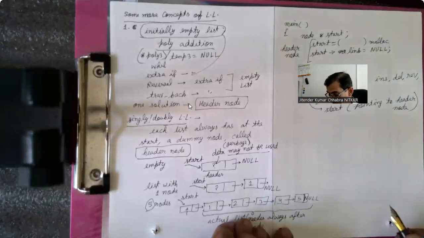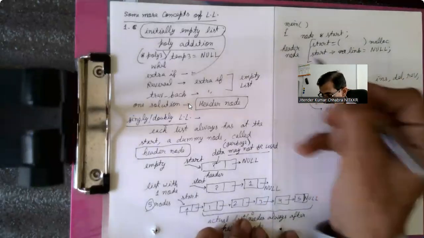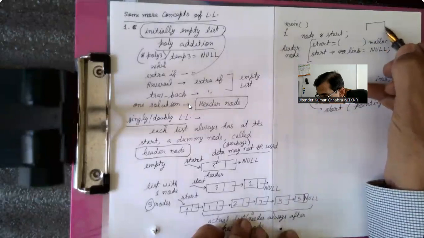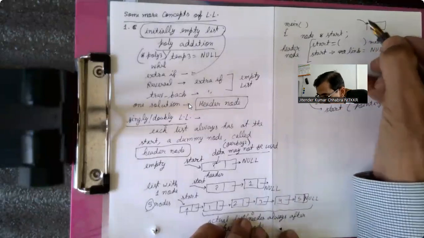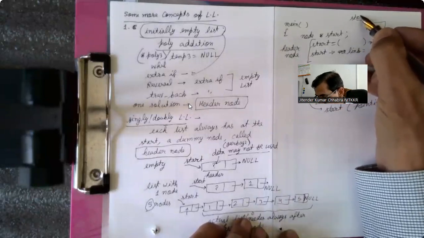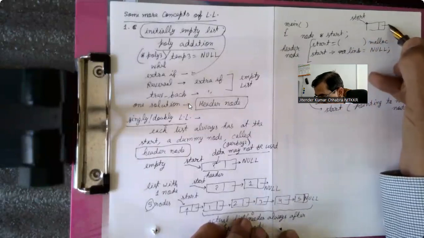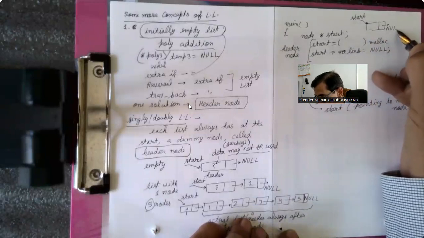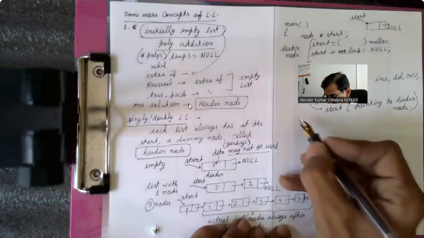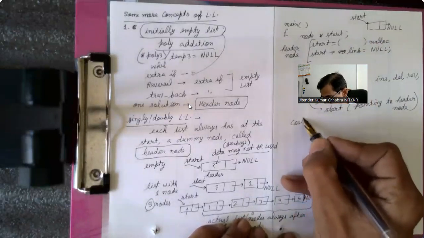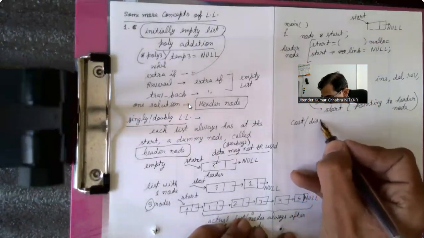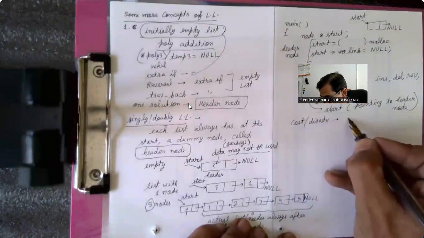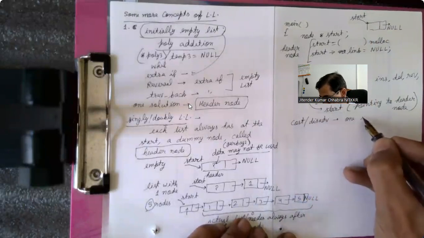Now, remembering this concept means that by this process, start is never going to be null. Start is always going to have one extra node. So the cost or disadvantage in this case is clear: one extra node of memory is needed.